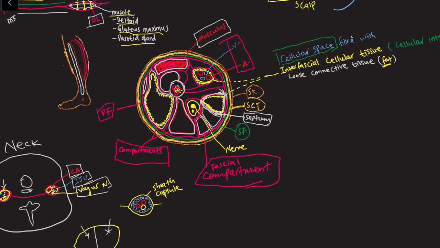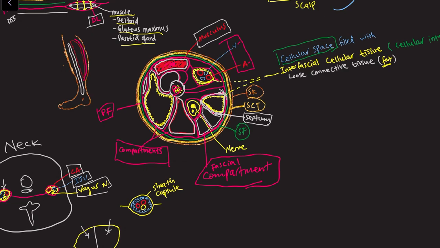And then you can have the superficial lamina and the deep lamina surrounding a neurovascular bundle, or surrounding a group of muscle without a septum, or surrounding a muscle alone, and that is called a capsule or a sheath.